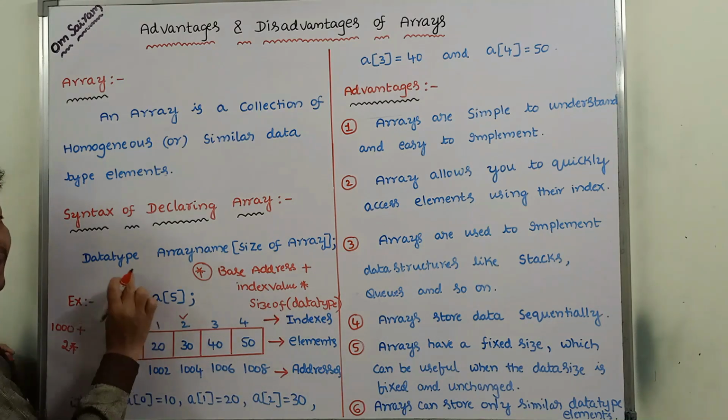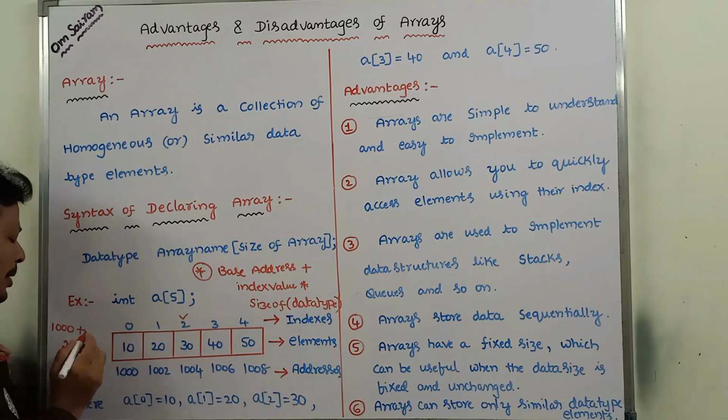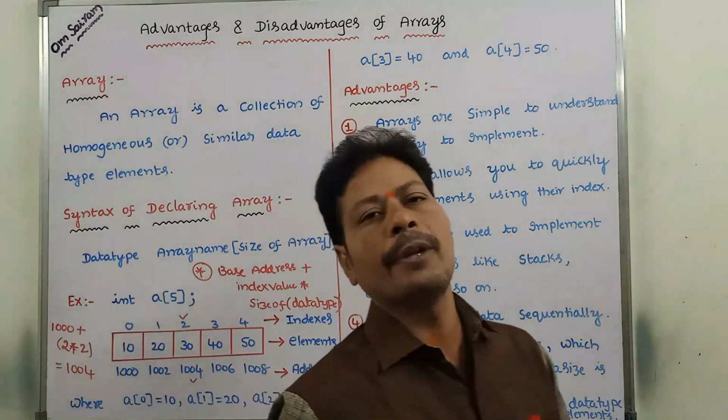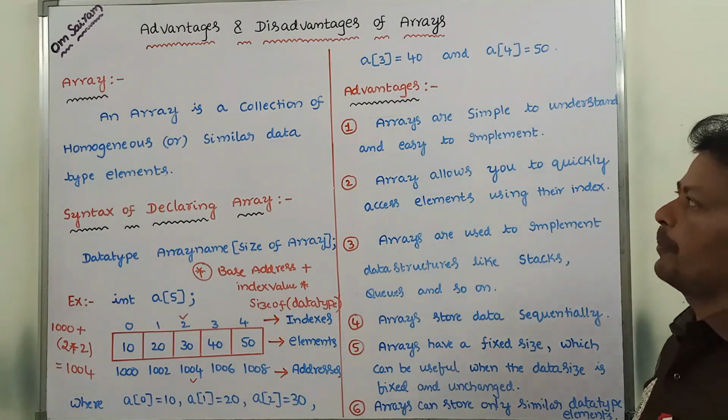The data type is int, and an integer occupies 2 bytes. So 1000 plus 2 into 2, that is 1004. So the address of element 30 is 1004. In this way, we can find the address of every element in the array.